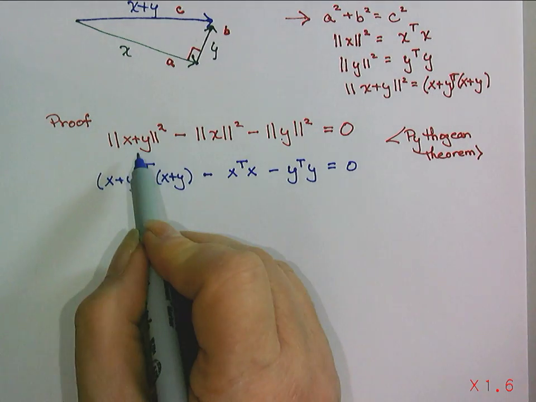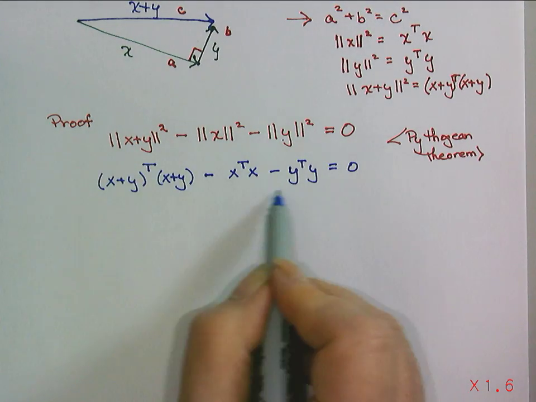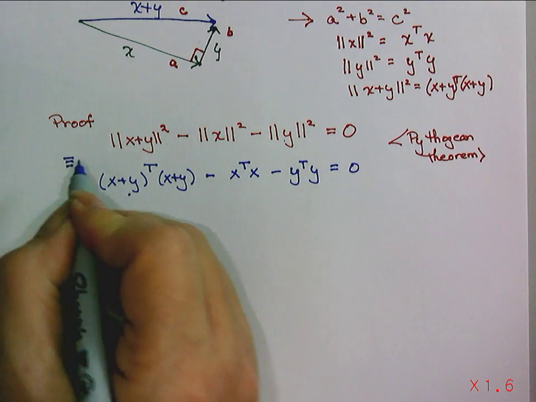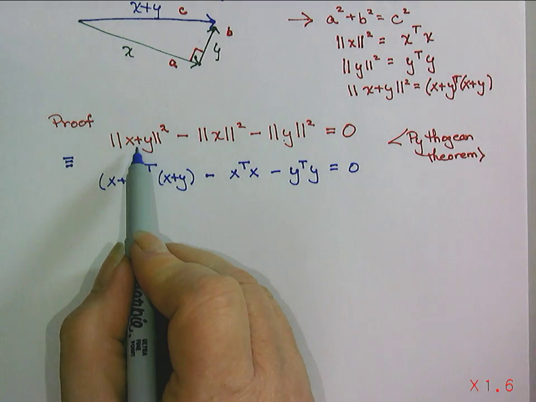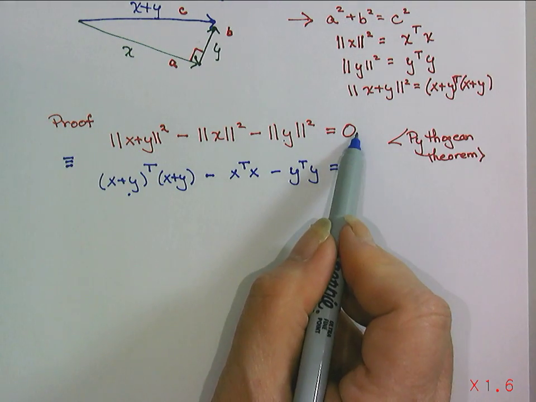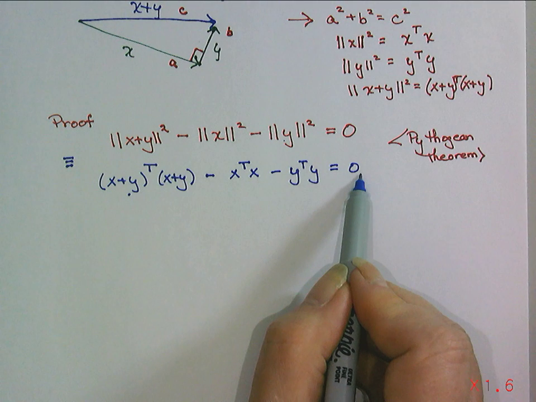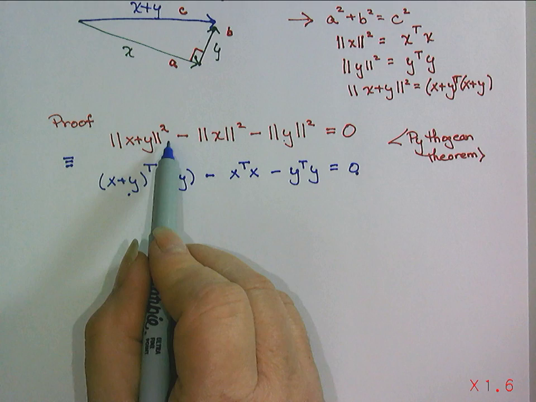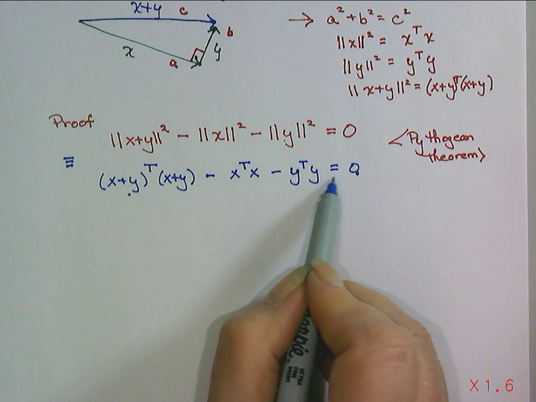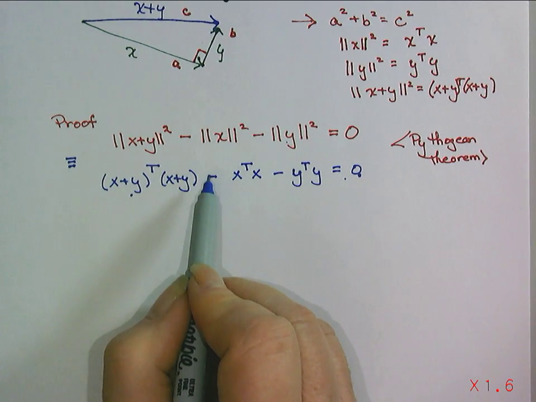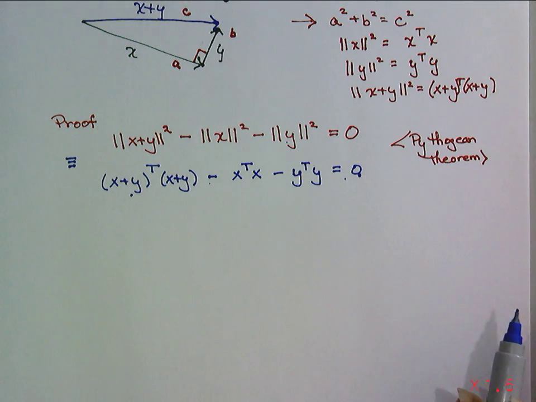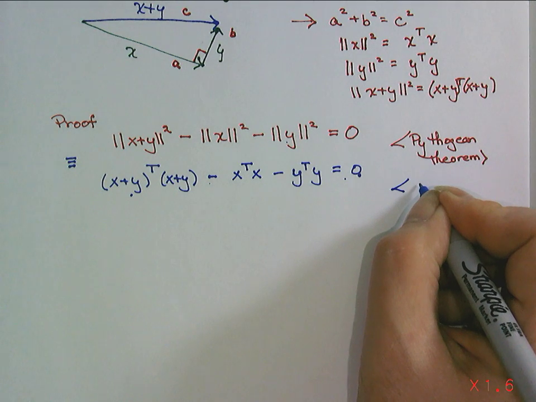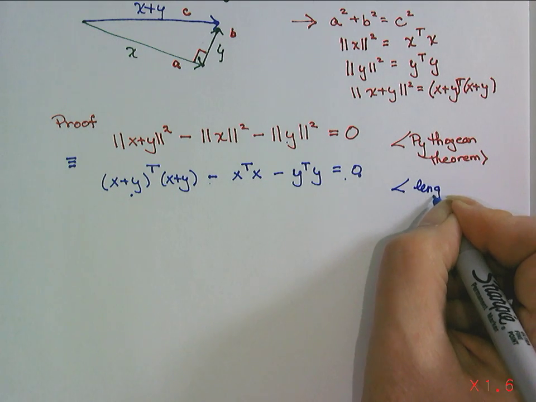We're going to say that this expression is equivalent to this expression. And the symbol I usually use is triple lines. It means for every x and y that make this true, it's also going to make this next expression true. Anything that makes this false is also going to make this false. So these two expressions are equivalent to one another. And the reason I know that is the definition of length in terms of dot product.